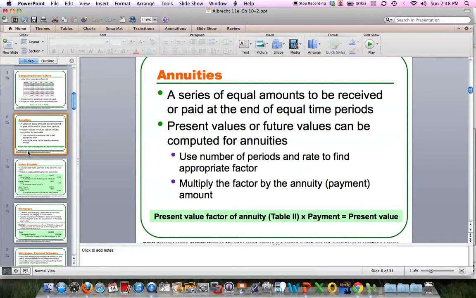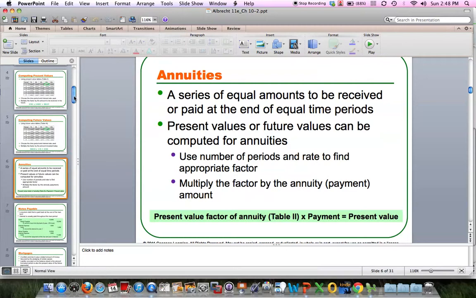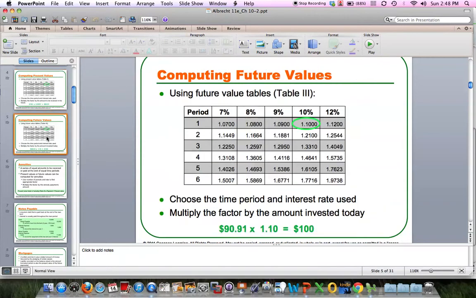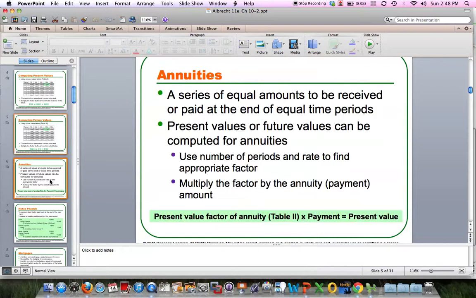To do that, of course, we'll need a different table. The previous two tables were numbered: table 1 is the present value table, and the future value table was table 3. Then we're going to have some annuity tables, tables 2 and 4.